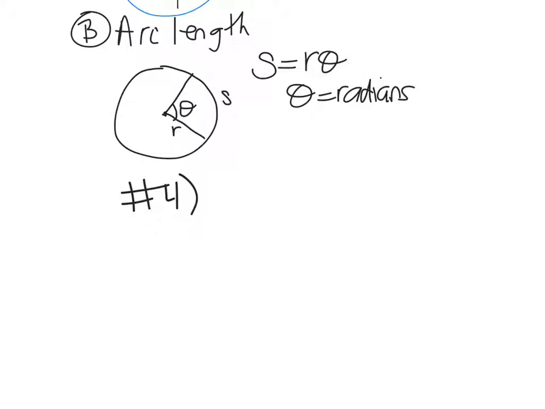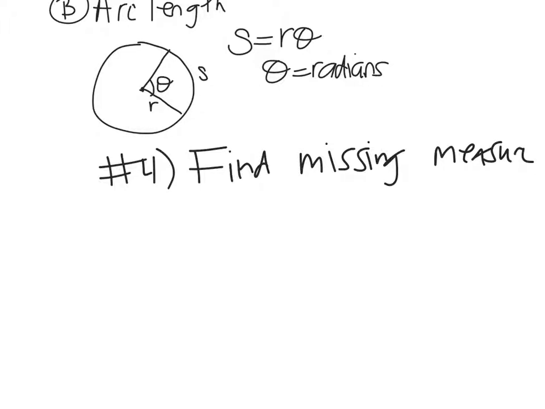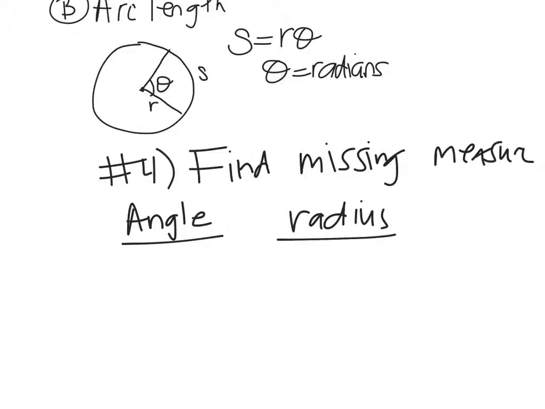Number 4. So let's go ahead. We're going to find the missing length or missing measure. You're going to need your calculator, so go ahead and get that out. Let's say that we have angle, radius, and arc length.